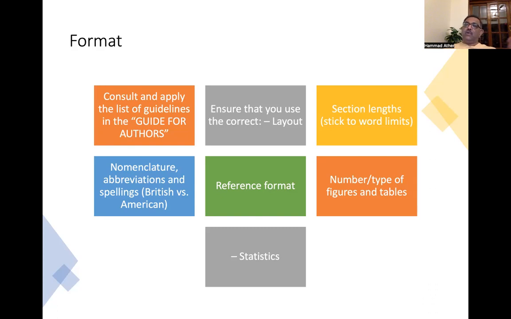So if the allowed word count is 4,000, your manuscript is 3,500 words, and it is calculated from introduction to conclusion. So introduction, methodology, results, discussion, and conclusion. This is how the word count is calculated. Say, for example, 4,000 words, your manuscript 3,500 words.